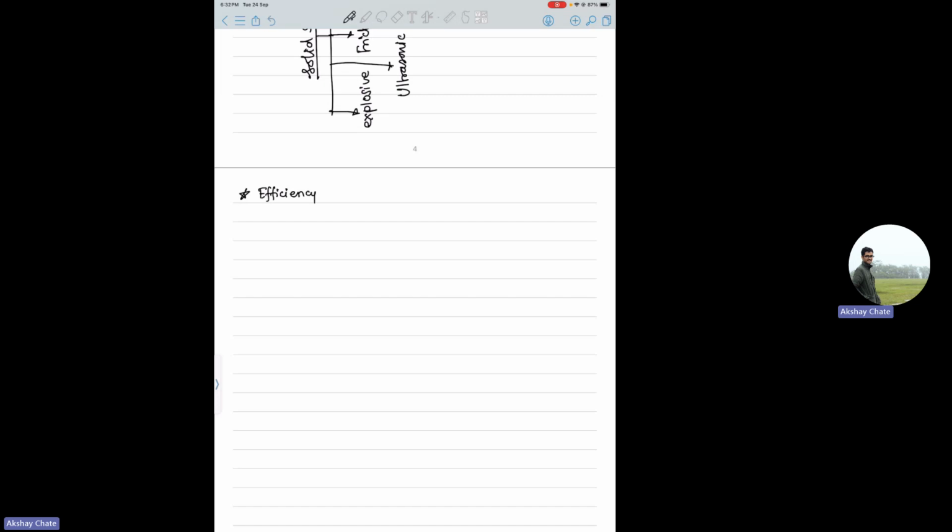Efficiency of welding processes, any typical welding, because later on you'll see for electric arc welding and other individual methods you can also define the efficiency, but here we are talking about the general welding process.